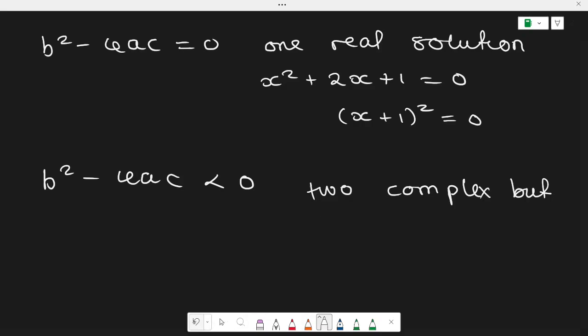So basically you just get 2 complex solutions.